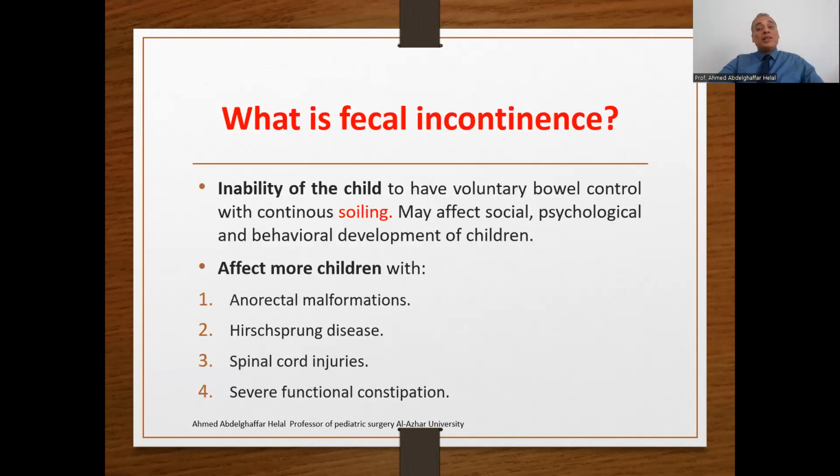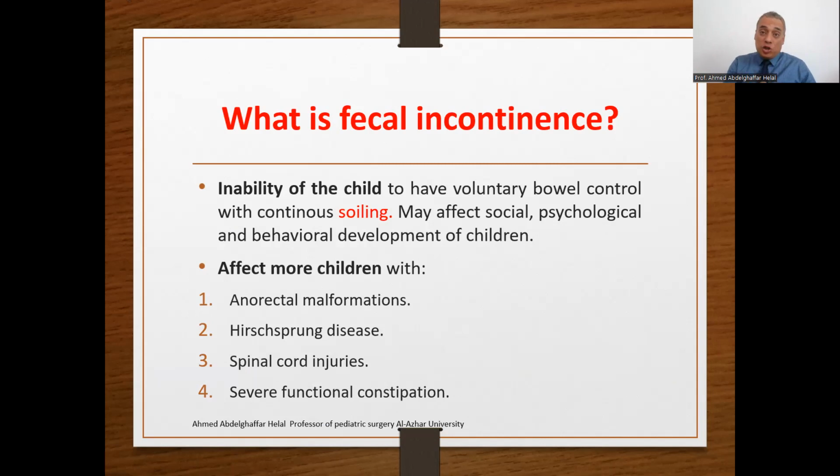Now the question, what is fecal incontinence? Fecal incontinence is defined as the inability of the child to have voluntary bowel control with continuous fecal soiling at the age of suspected control of bowel, which is about 4 years old.